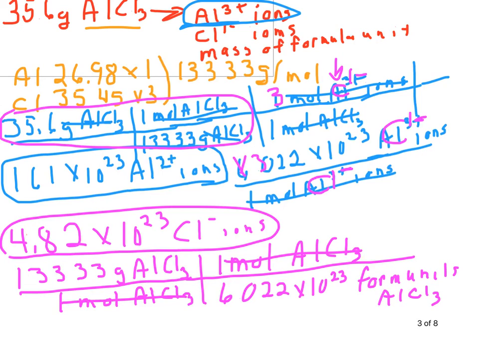And we get 2.21 times 10 to the negative 22nd grams of AlCl3 in 1 formula unit.